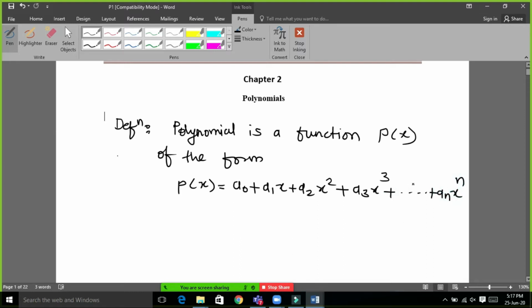So it's called a polynomial. P of x is a polynomial.